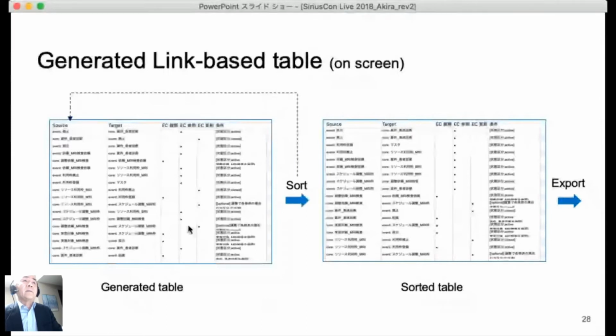And when you click here, you can get the sorted table here. And you can export this as a CSV file. And this is for human consumption.